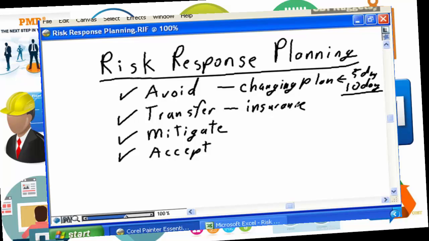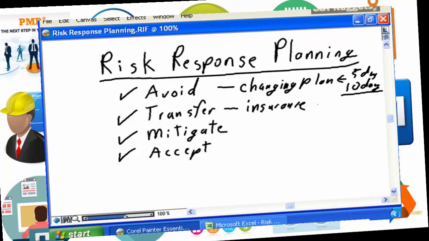So effectively, by taking out insurance, you are transferring the risk of environmental impacts on your project, and getting insurance that will cover the risk event and ensure that your project is able to complete with no true impact to the organization.